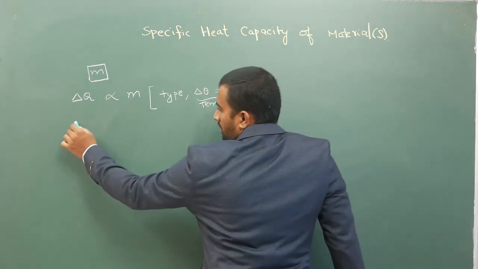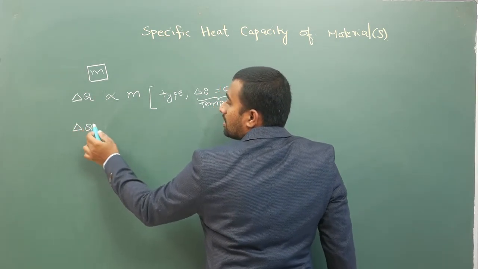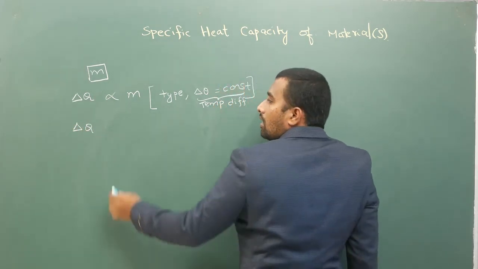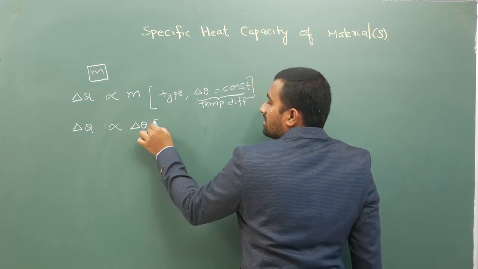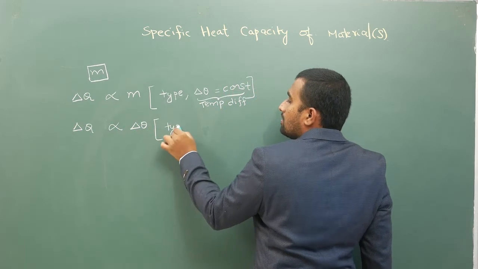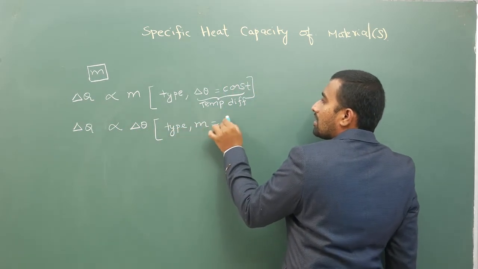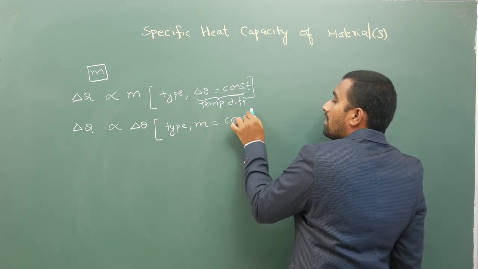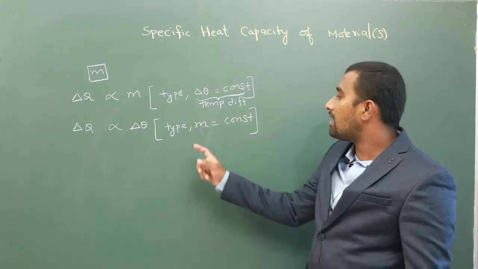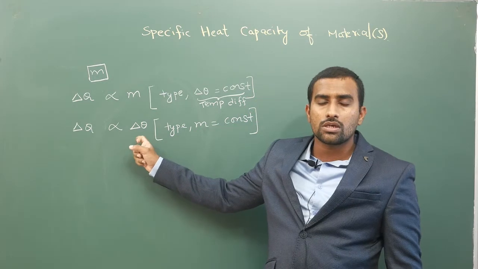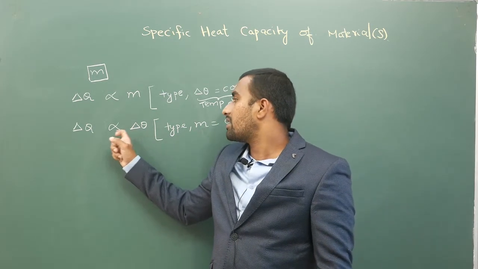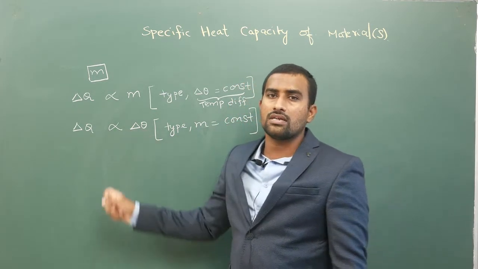Next, your heat energy delta Q is also directly proportional to temperature difference when the type of material and mass are kept constant. Delta Q is directly proportional to delta theta.